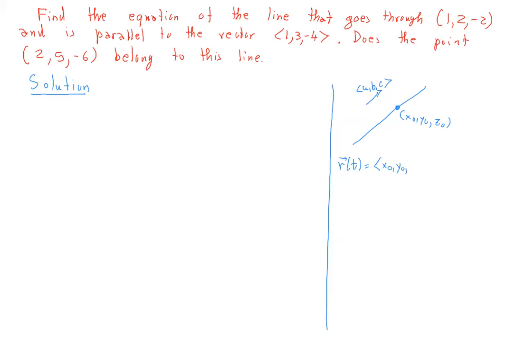So we make a vector out of the point. Sometimes informally, I like to call this the vectorization of the point.